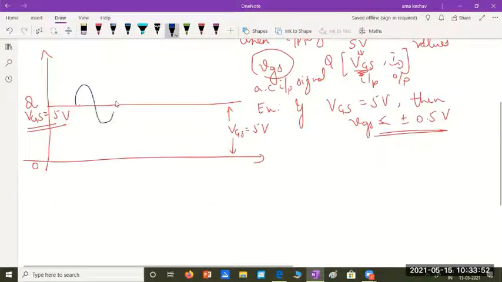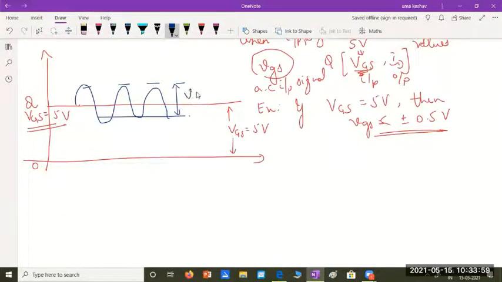So whatever AC signal which you are going to give will overlap, and the magnitude of this is VGS. It should be less than 10% of VGS. Please remember, small signal, that's why we call. When the AC input voltage is less than 10% of its DC bias voltage, it is called small signal analysis.